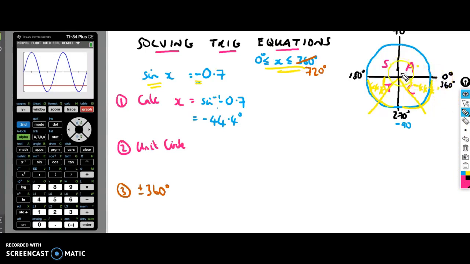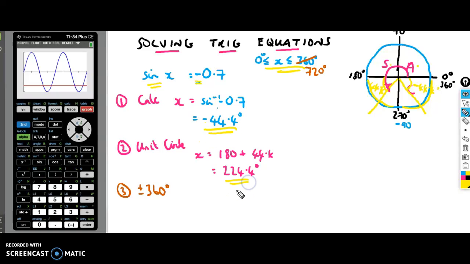We always go from 0, either clockwise or anti-clockwise. This time we're going to go clockwise. And that second answer for x is going to be 180 plus 44.4, which will give us 224.4 degrees. And there's our two answers.